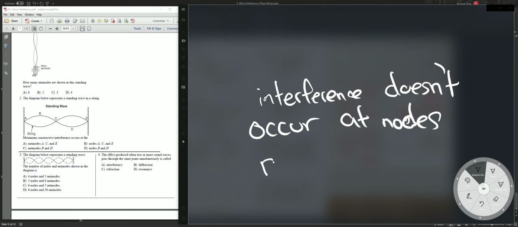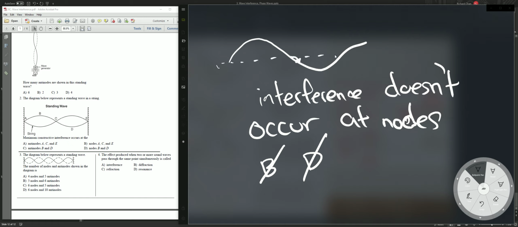So choices B and D are wrong, not the nodes. We're only left with choice A and choice C now. Choice A is saying A, C, and E are antinodes. Actually, no, A, C, and E are nodes.